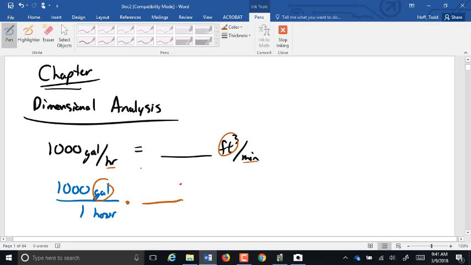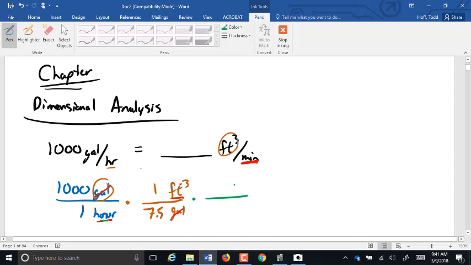So I'm going to start out with the gallons. The gallons had to go on bottom to cross cancel, and we're changing into cubic feet. 1 cubic foot is about 7.5 gallons. So the gallons cross cancel. We now have cubic feet per hour. We want it per minute. So our next step, we're going to get rid of the hours.